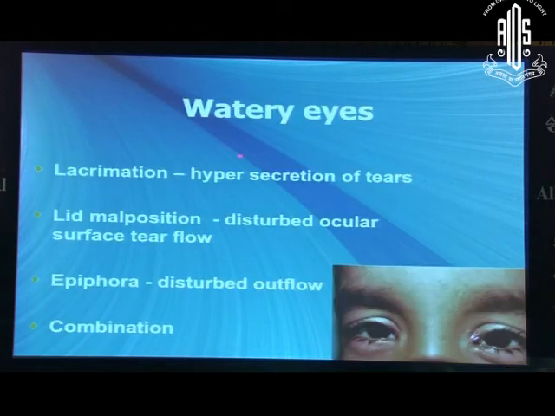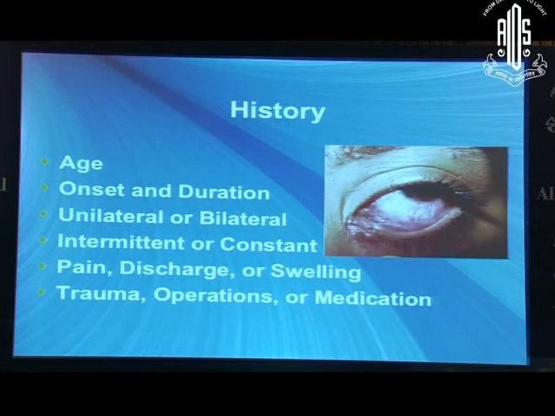It is important to think of a watery eye as one either having lacrimation, which is a hypersecretion, an epiphora or disturbed outflow, or a disturbance which is due to a lid malfunction, such as a facial nerve palsy, which does not distribute the tear film on the surface well, or you may have a combination of all these factors.